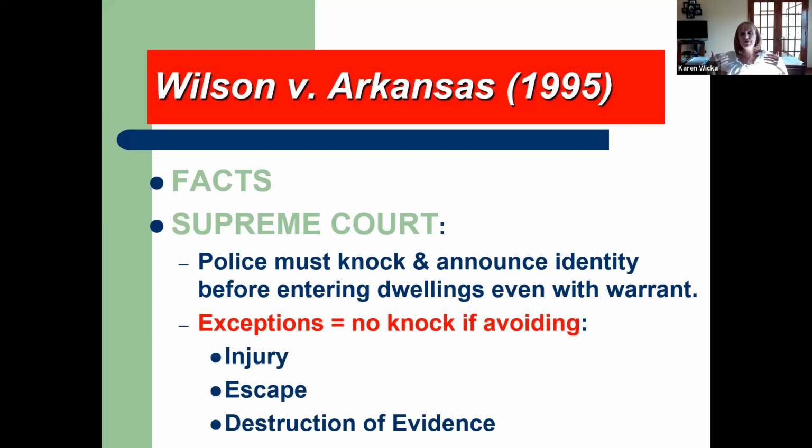So for a no-knock warrant, you have to ask the judge specifically why you want it, and you have to provide one of these three reasons to get that no-knock warrant. So the police don't just get to decide off the top of their head when they're standing at the door, we don't want to knock because we think it. You have to apply for it when you apply for the warrant, and the judge has to approve the no-knock warrant, okay?